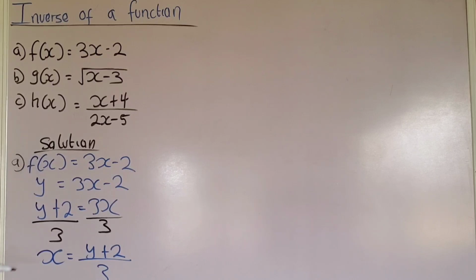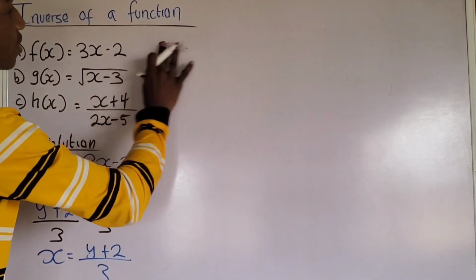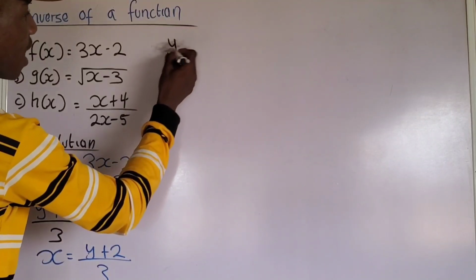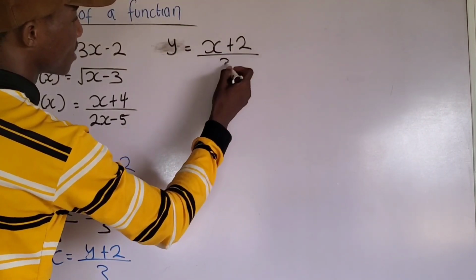So now in this expression, I'm going to replace y as x. So the function will become like this: y is equal to x plus 2 all over 3.